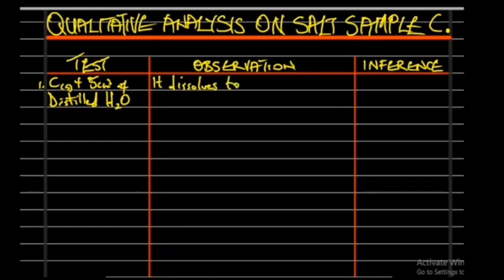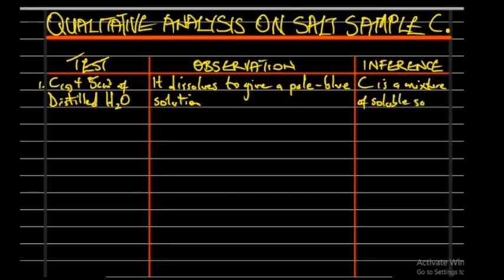Since it was totally dissolved, we say that C is a solution of soluble substances.